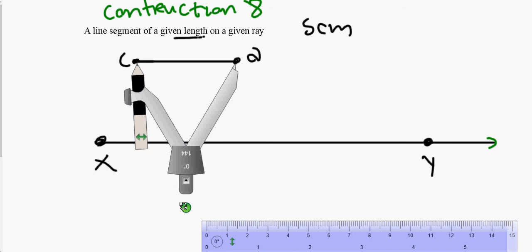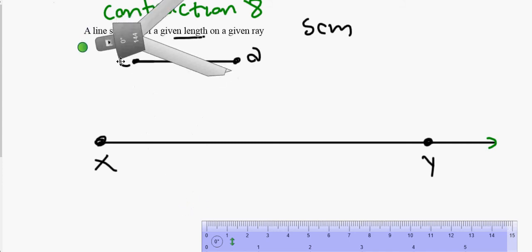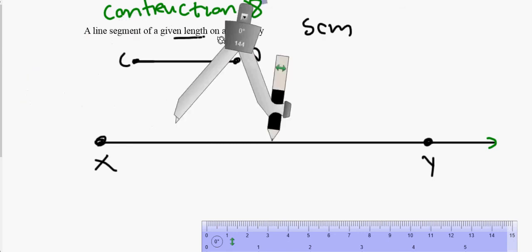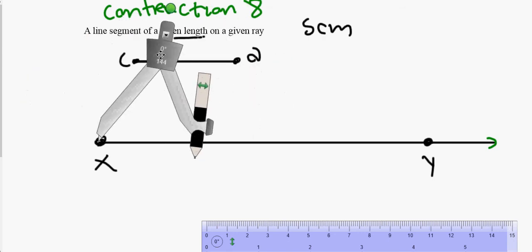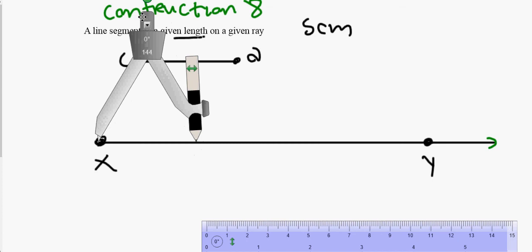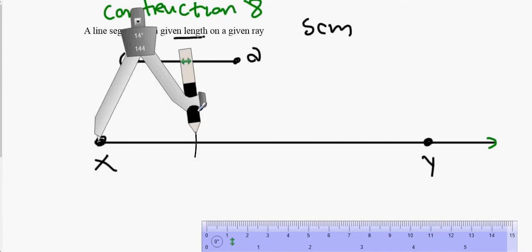Okay, so this here is now 5 centimeters. So now we're going to use the same compass width on our ray. We know that this compass is currently separated by 5 centimeters from point to point. So we put on our compass width of 5 centimeters, like so. We call this the point Z.